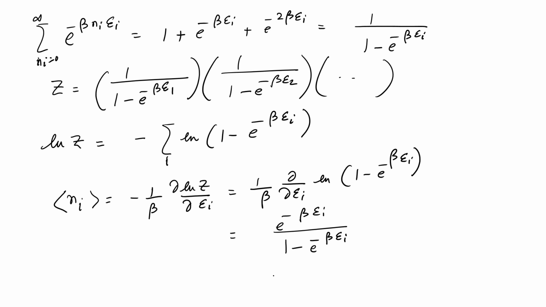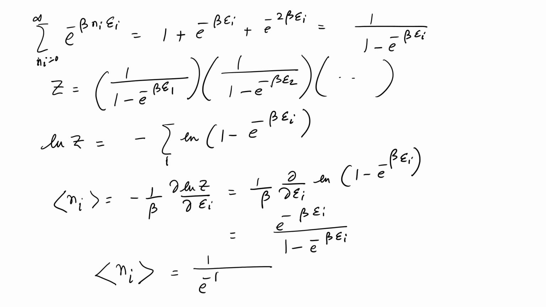Okay. So, the photon statistics is this, and your n_i is equal to, you can simplify this by dividing numerator and denominator by exponential minus beta epsilon_i.